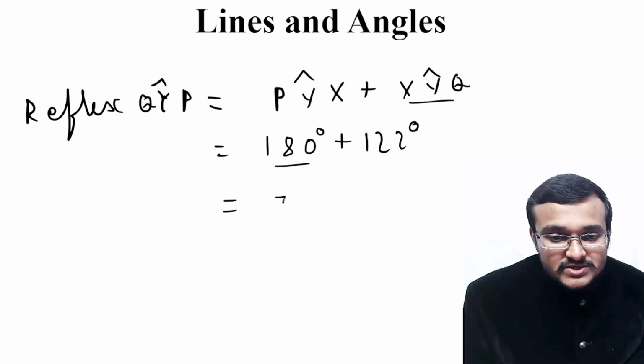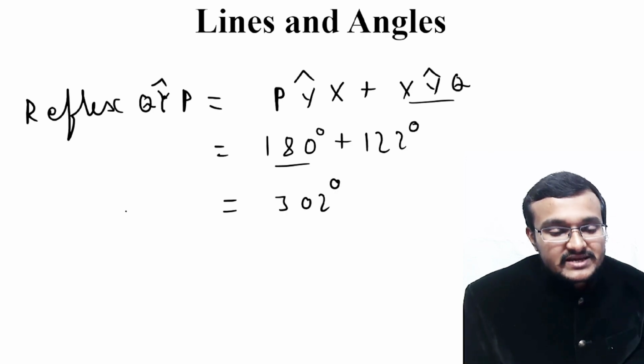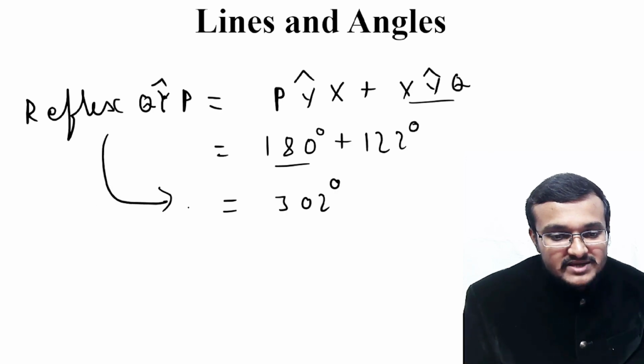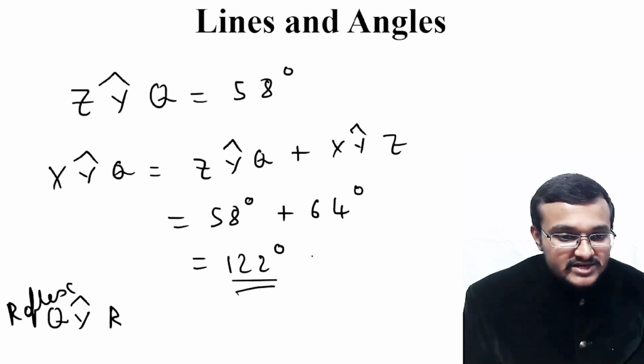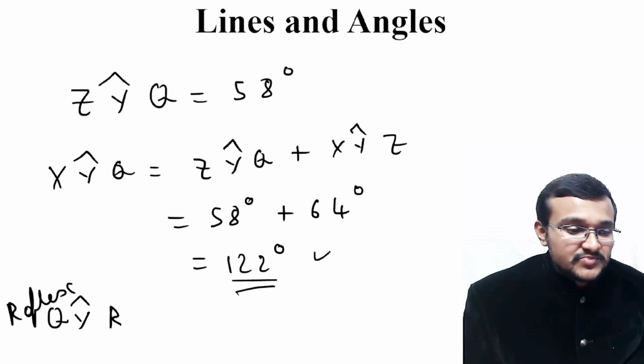So 180 plus 122 is equal to 302 degrees. So the reflex QYP is equal to 302 degrees and XYQ is equal to 122 degrees.